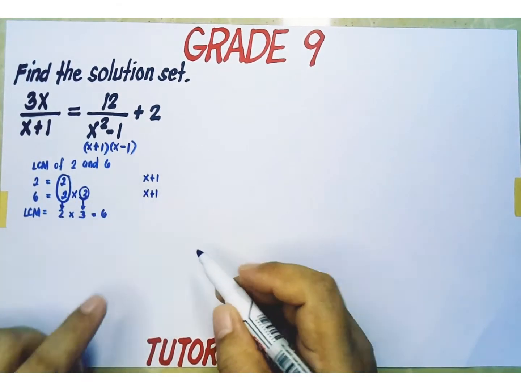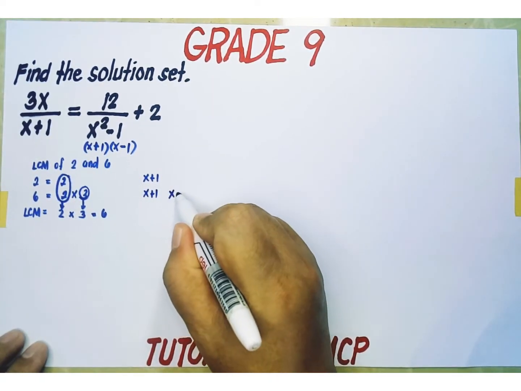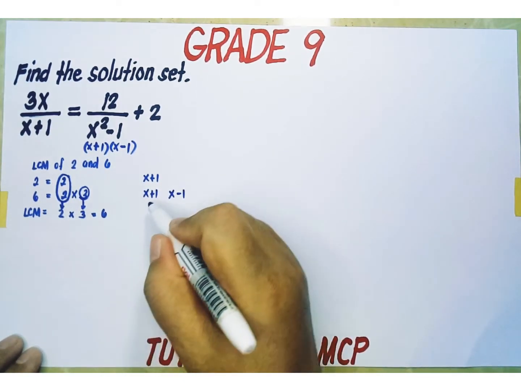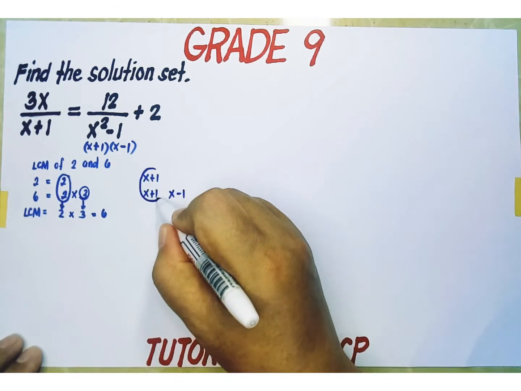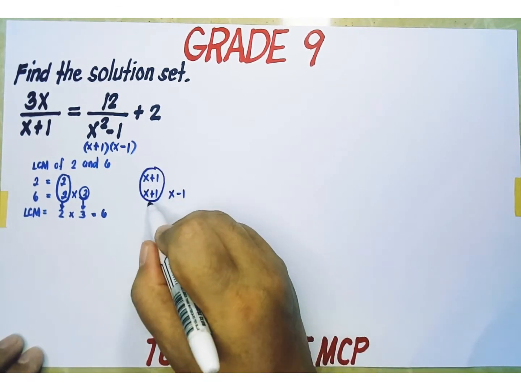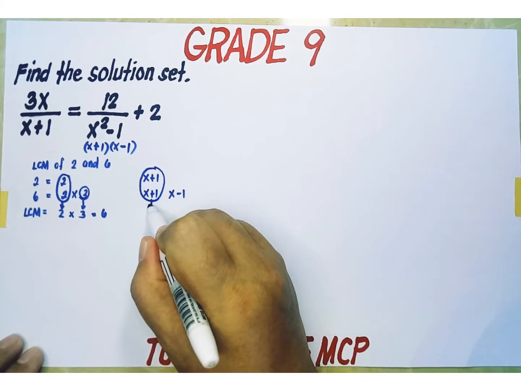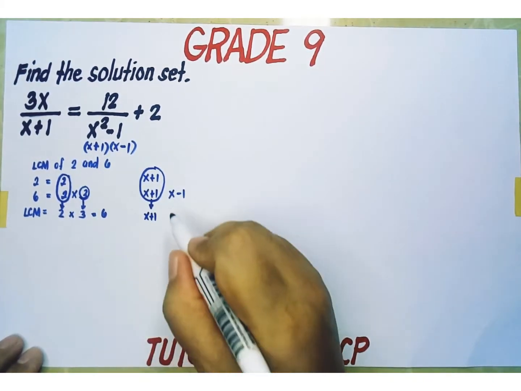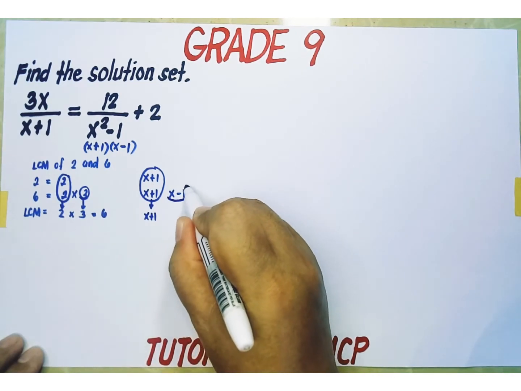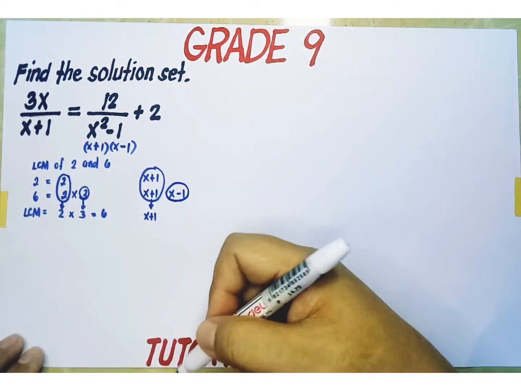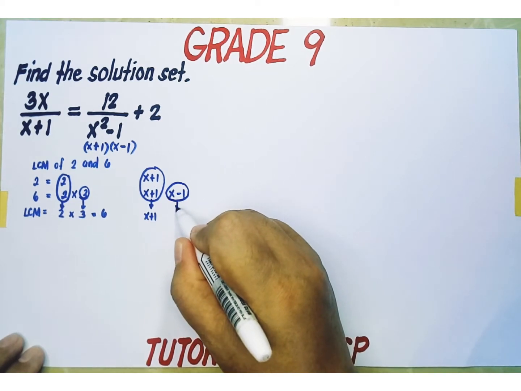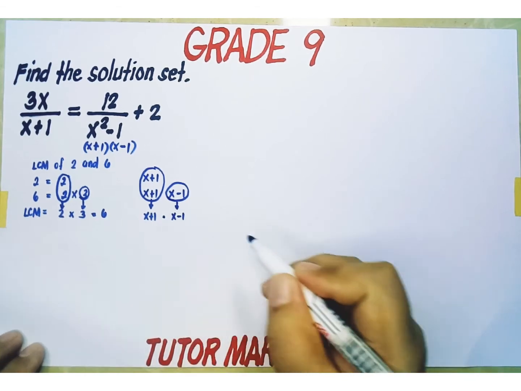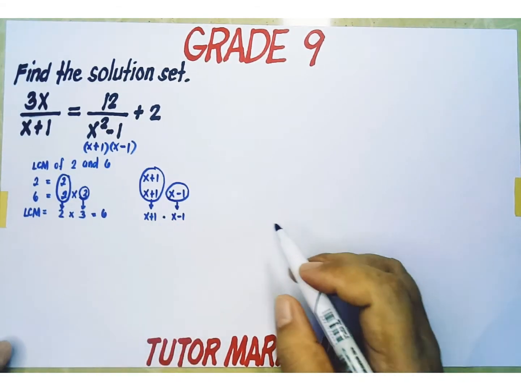Tapos, yung other prime factor mo, nasa ibang column. So, pag magsosolve ka ng LCM, i-bring down mo ang isa dito sa matching prime expression mo o prime factor mo. Tapos, itong other expression mo dito sa ibang column, i-bring down mo din. Then, i-multiply mo yung mga na-bring down, yun ang LCM.